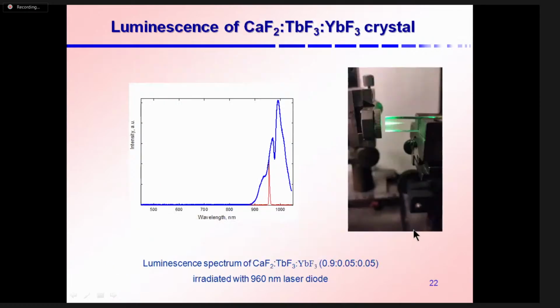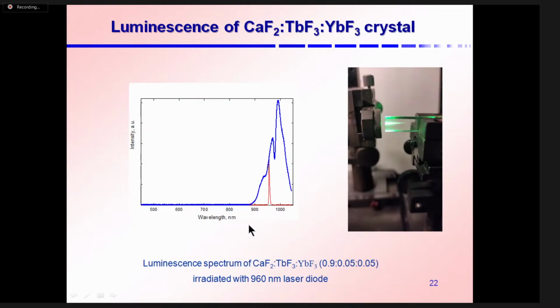And what is beautiful and interesting in this work is that when we irradiated our sample with the laser diode working at 960 nanometers, here is the picture of our experiment, we irradiated with this laser diode that is shown in red, and we observed the intense radiation at about 1 micron.